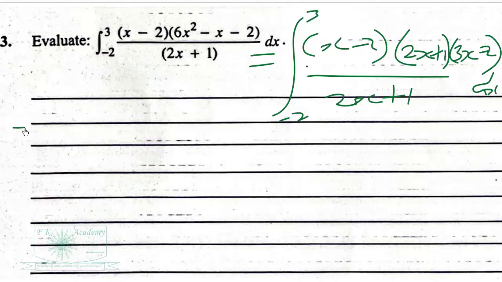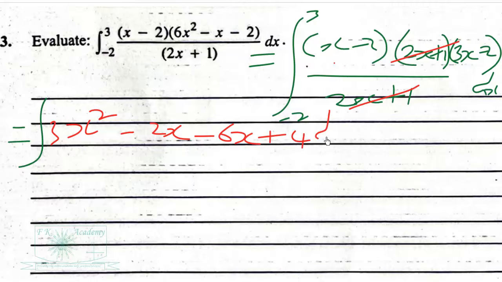So this will be equal to the integral of, we have to expand this, 3x squared minus 2x minus 6x plus 4, integrating from -2 to 3.